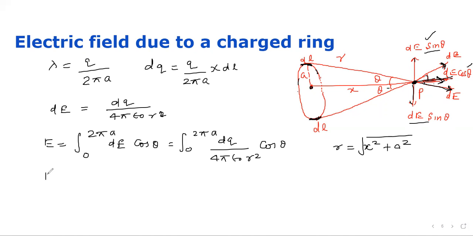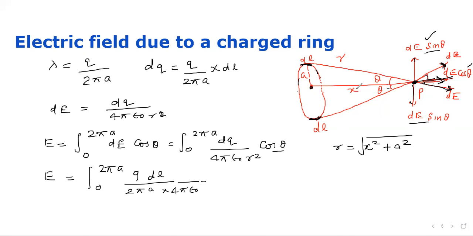So what do we get? We will get E equals the integration from 0 to 2 pi a of dq, where dq can be written as Q times dl divided by 2 pi a. So Q times dl divided by 2 pi a times 4 pi epsilon naught.